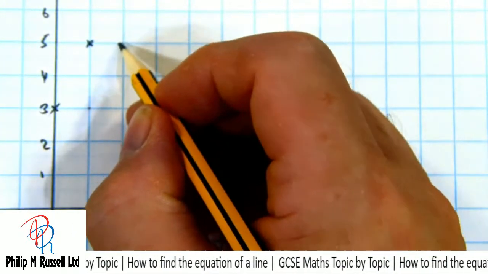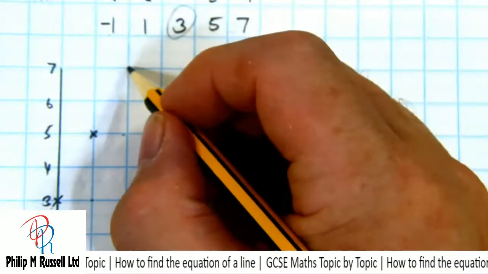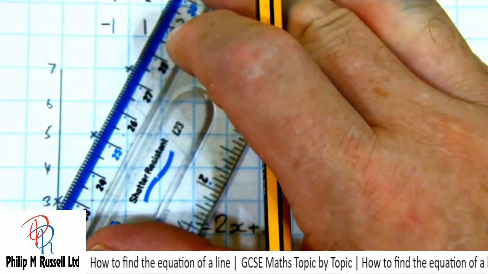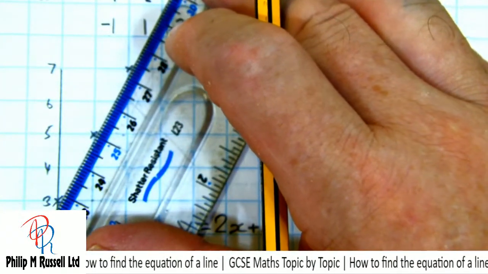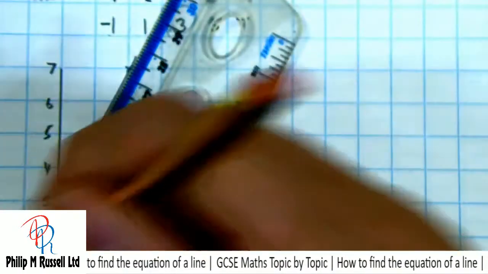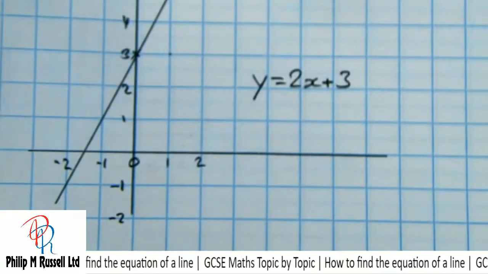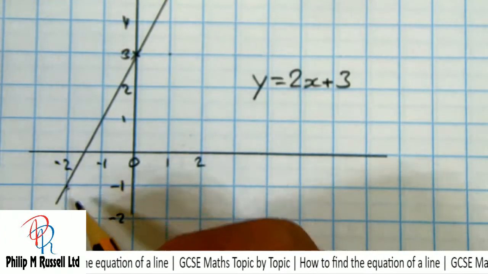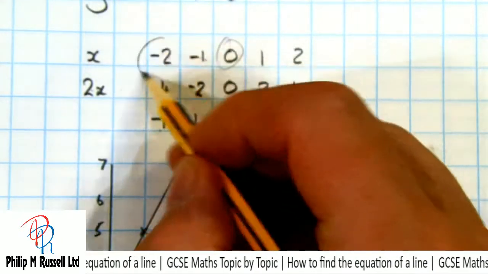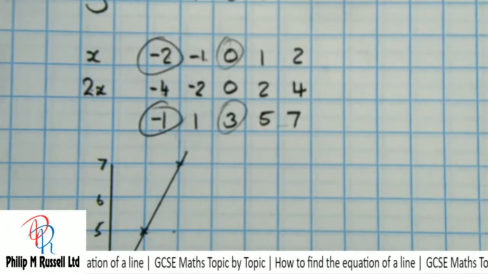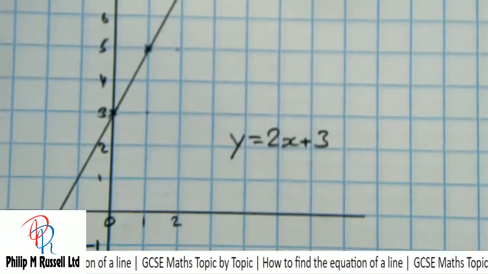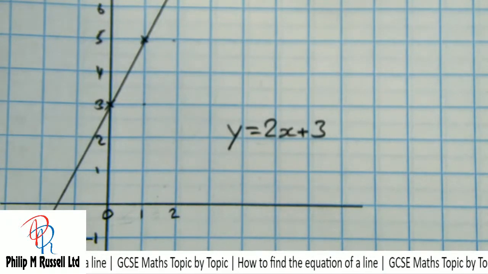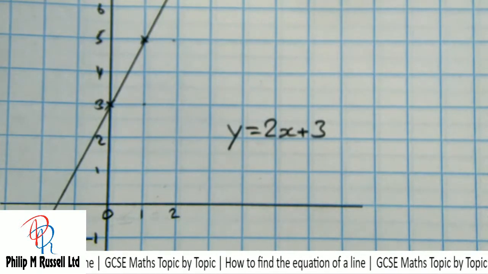Along 1 and up 2. And draw the graph in. And in fact, if I've done it right, it goes through -2, -1. And in fact, that is what we were looking at. Or I could have plotted the values. So, an alternative way of trying to draw a graph.